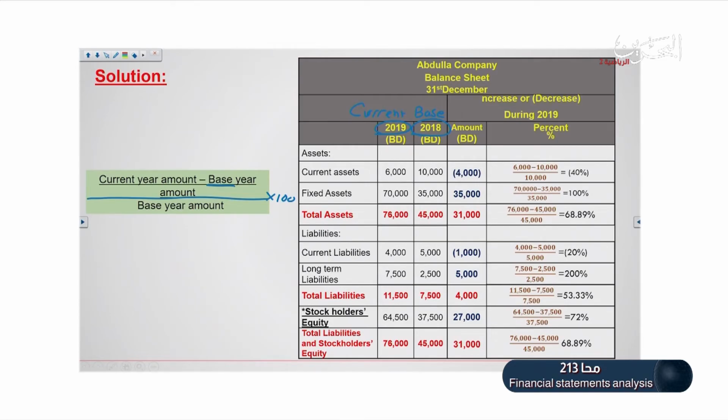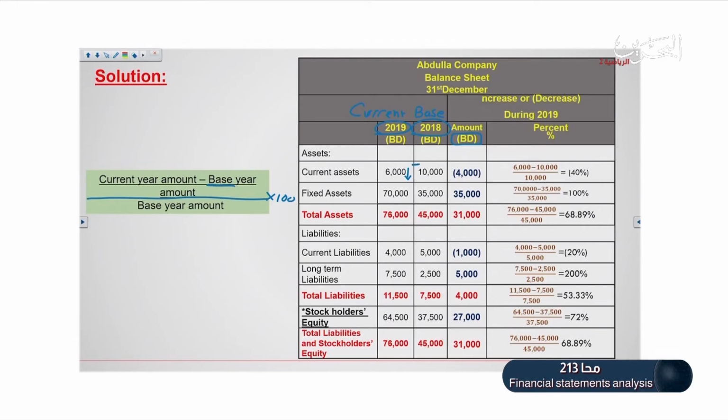How will we compute the amount? The amount should be in BD. We will compute the change between 2 years. In 2018 we have 10,000, but in the current year, which is 2019, the current assets are less by 6,000. So the current assets is less than 2018.